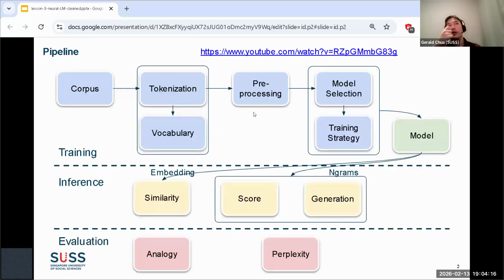But before that, let's think about this thing called the natural language processing pipeline, in other words, a pipeline of how you can process data, train a model, and then know whether your model is good. If you look all the way at the top left, it says corpus. Corpus is your data set, meaning what kind of text files you want to use to train the model.